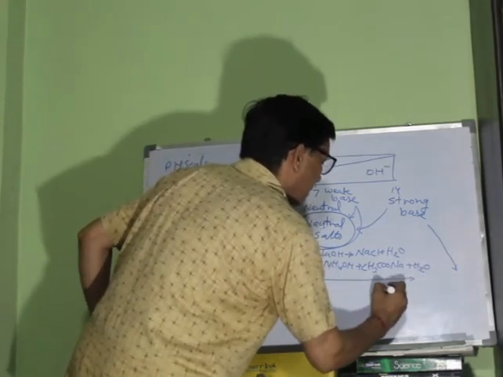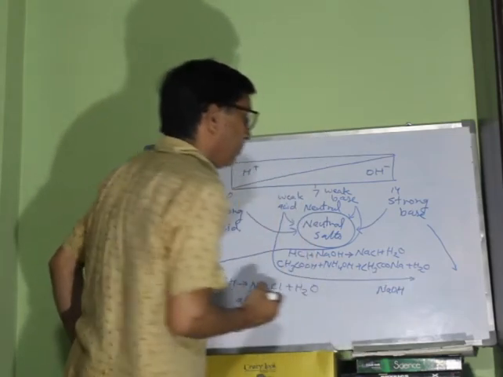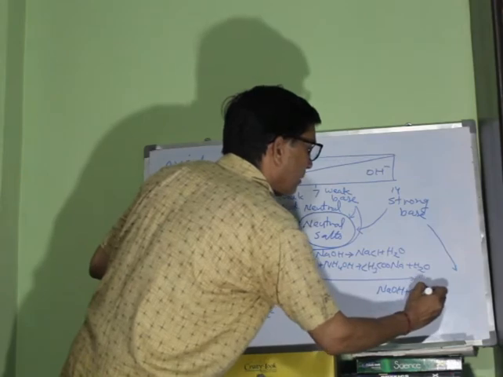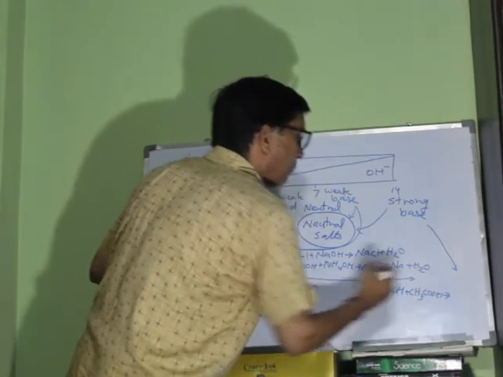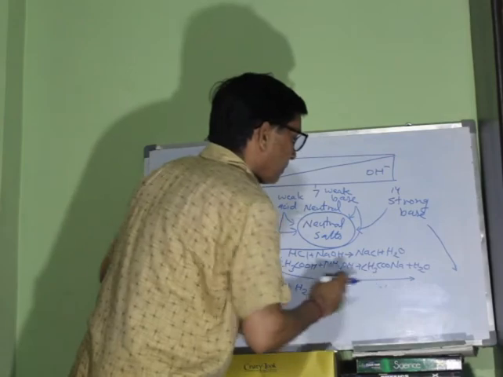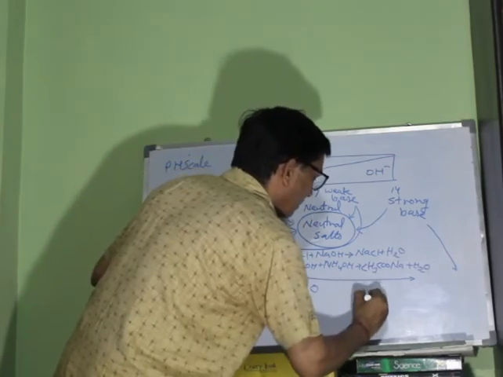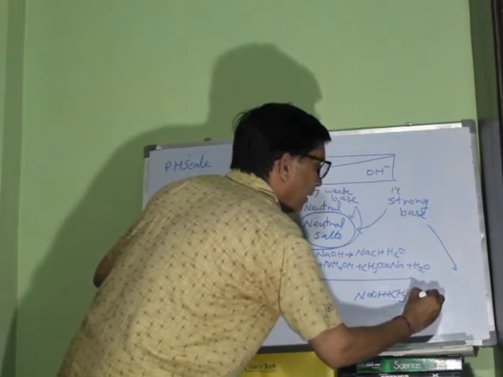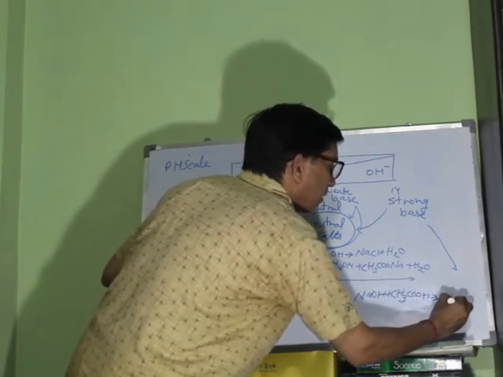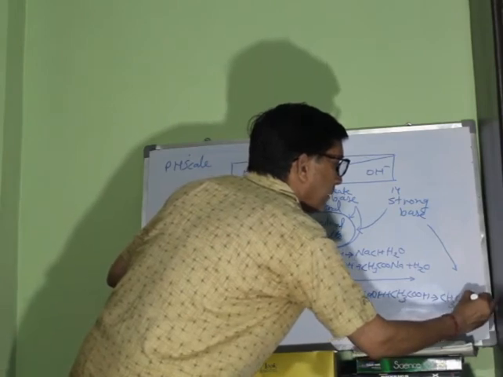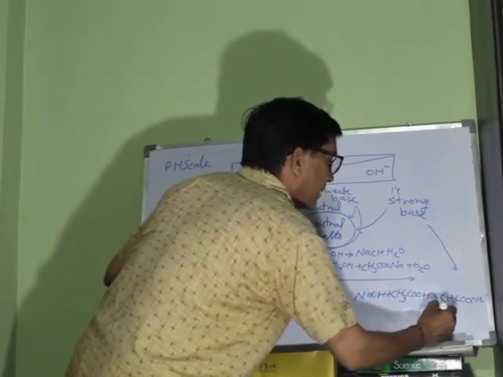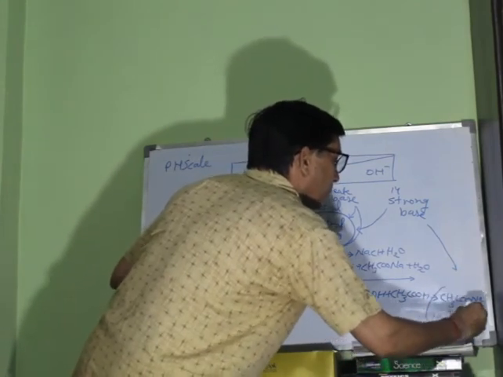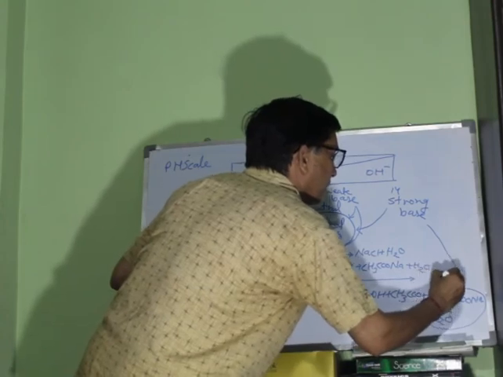For example, NaOH is a strong base, and CH3COOH is a weak acid. It will form CH3COONa, sodium acetate, and water. So this is an example of a basic salt.